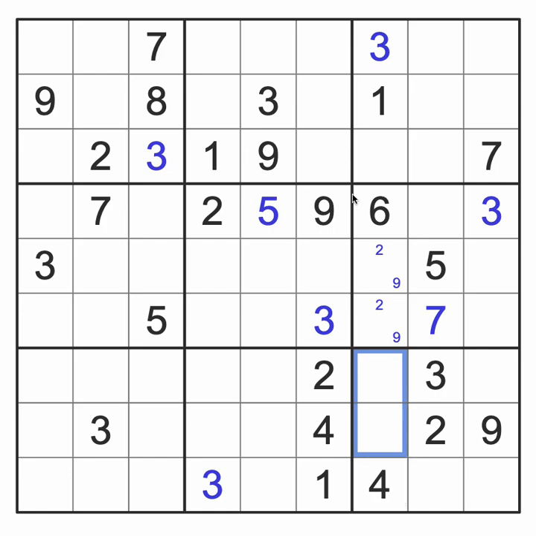Oh, okay, so I can place 9 in box 3 because 9 in box 1 blocks these, 9 in box 2 blocks these, 9 in box 9 blocks this cell, gives me 9 here.